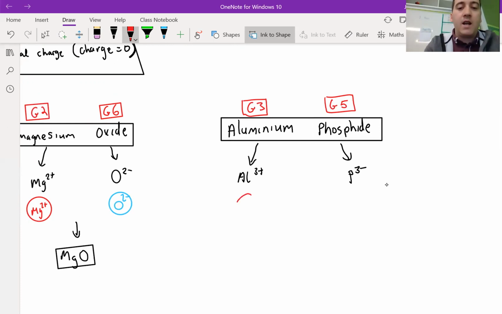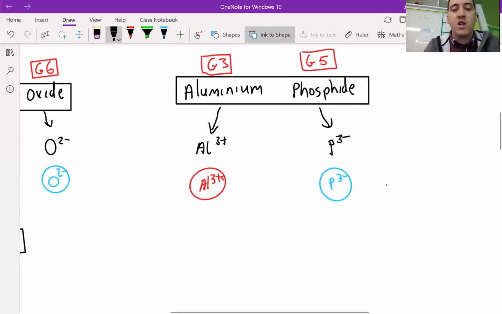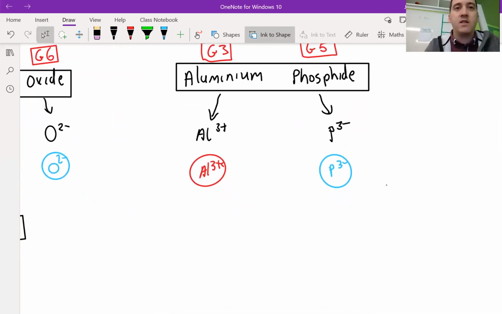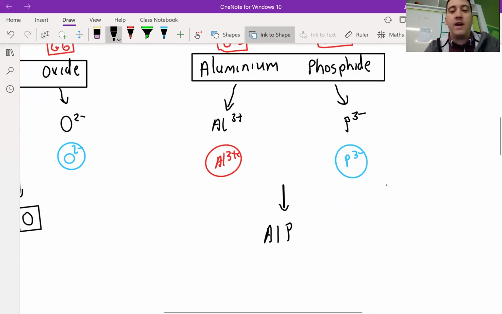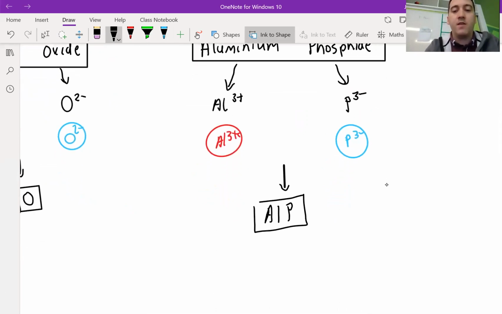If I was to draw the aluminium, I would get Al3+, and the phosphorus, I will get P3-. If I've got a +3 charge and a -3 charge, they will balance to give me a neutral compound. So I just need one Al and one P. So AlP is the correct formula for aluminium phosphide.